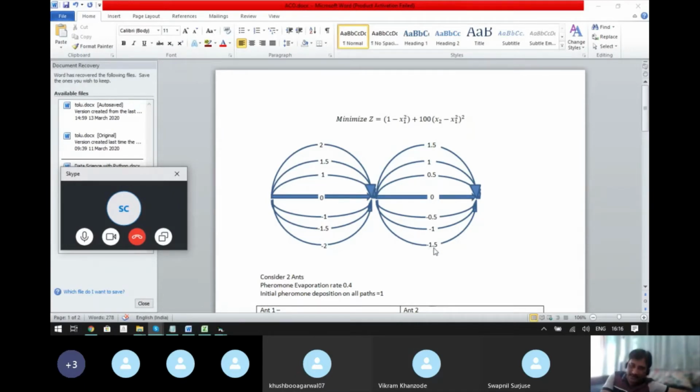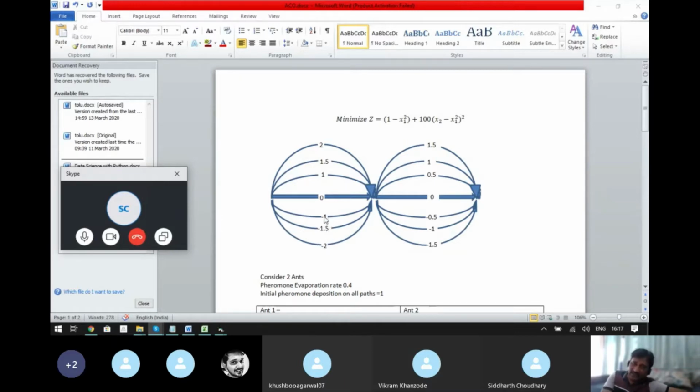Here, this is the path which is indicating the value of x2 minus 1.5. This is indicating minus 1. This is indicating minus 0.5, 0, 0.5, 1, 1.5. One thing you note here is that it is not essential that all these paths should be equispaced, equidistant.